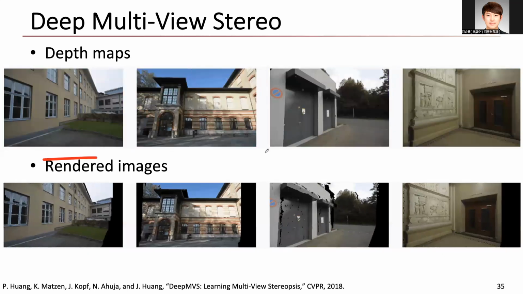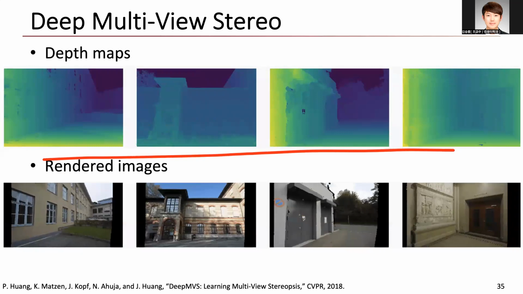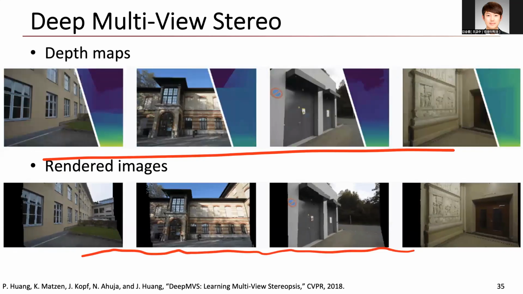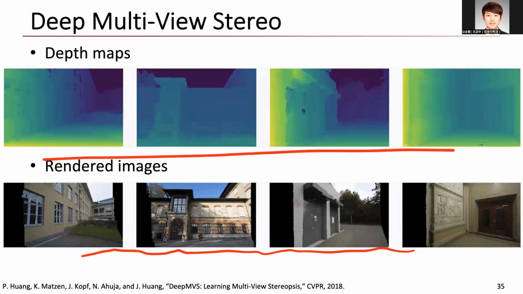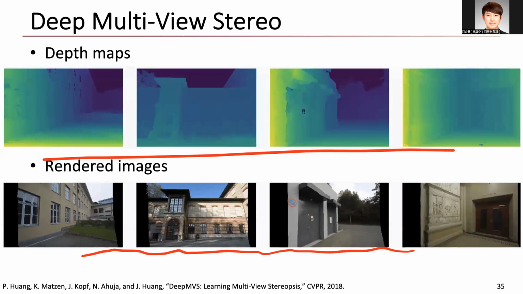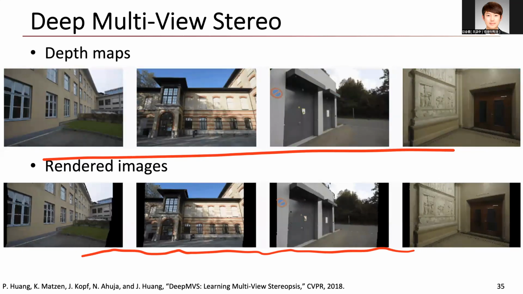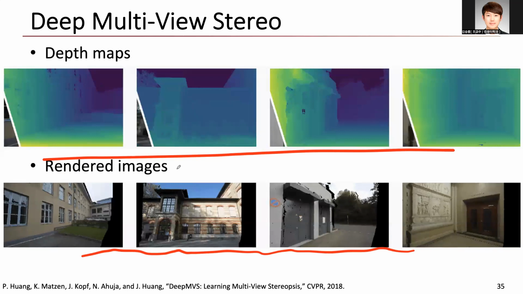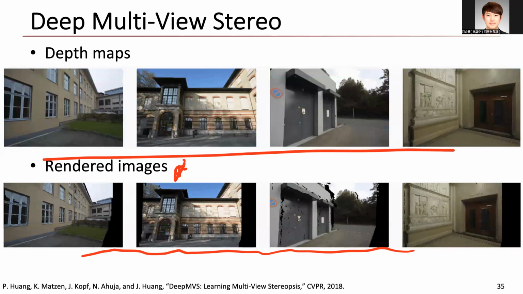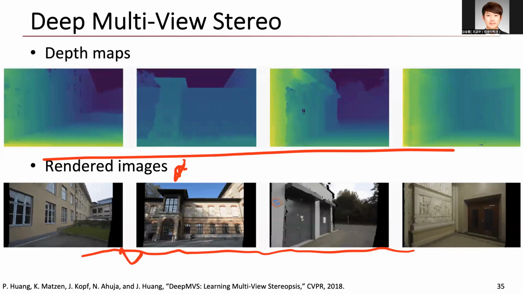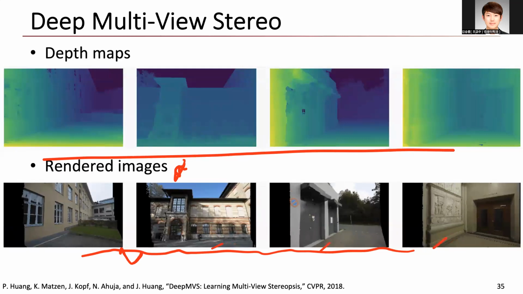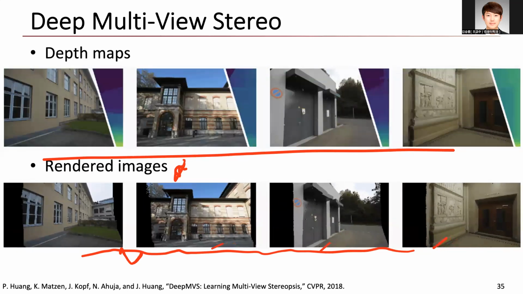This is the depth map for the given reference images, and this is the rendered image. Because we already know depth information, we can transform this depth map and color image to the full 3D world, and by manipulating the viewing direction, we can render the novel view, something like this. This is the rendered image.